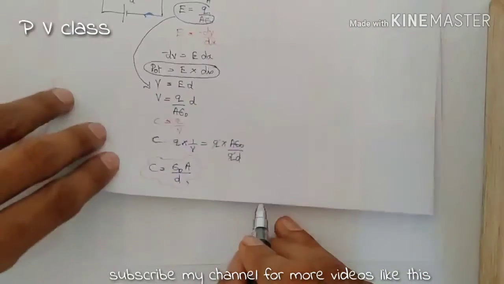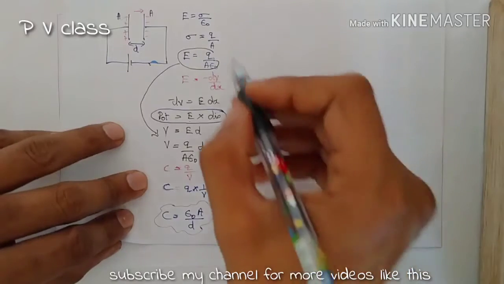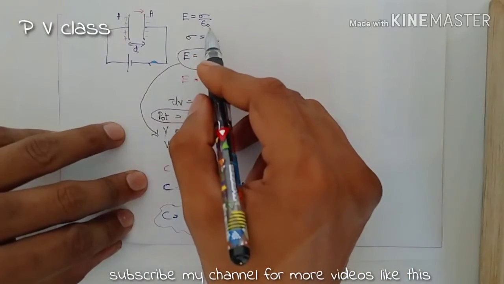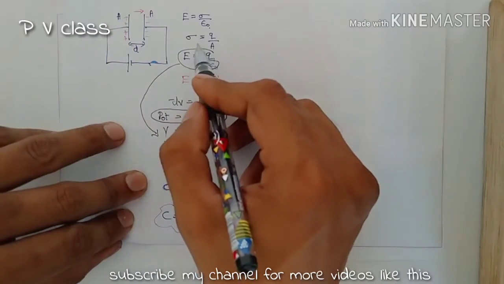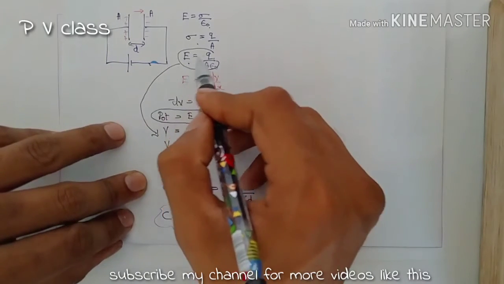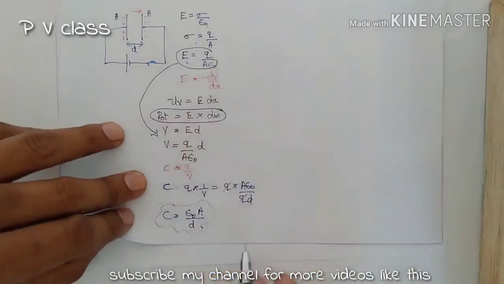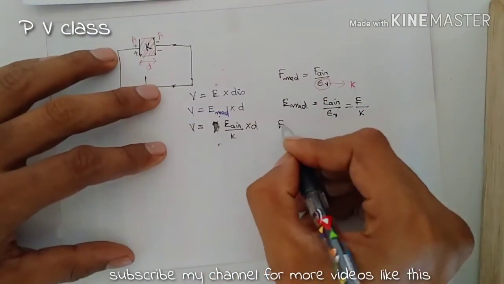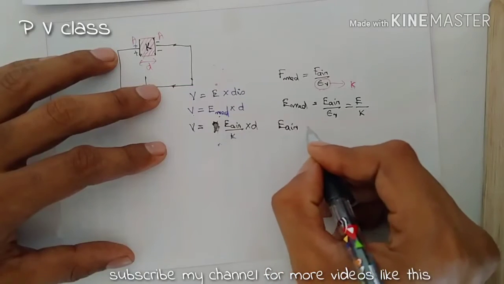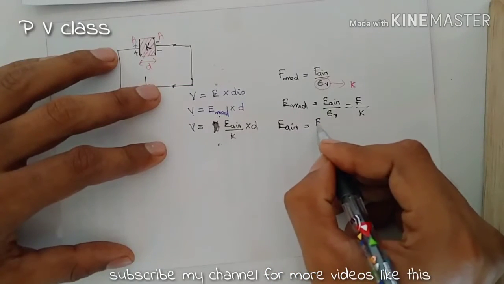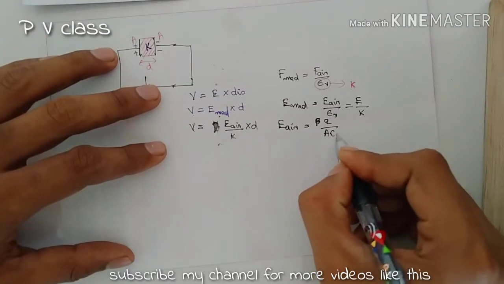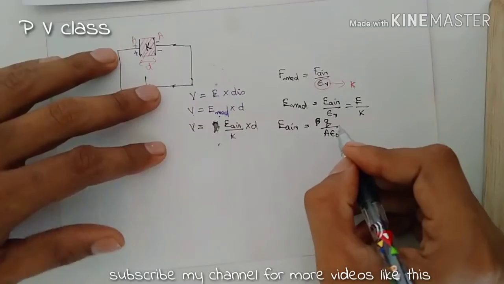And in our previous derivation, we have learned E air is sigma by epsilon 0, and substituting for sigma, we know E air is Q by A epsilon 0. Therefore, I am directly writing it over here, where electric field intensity in air is Q by A epsilon 0.